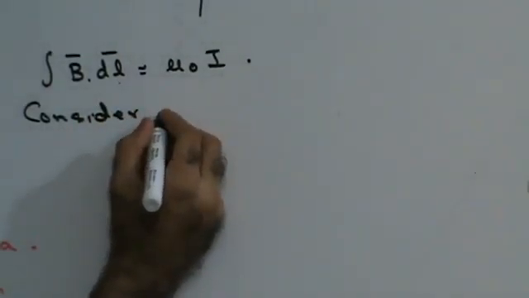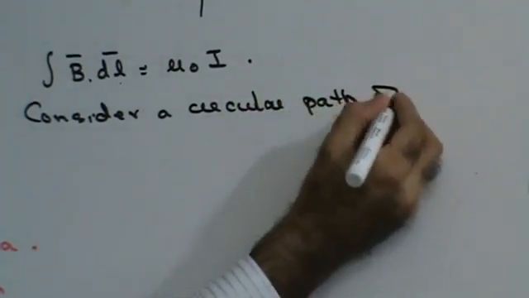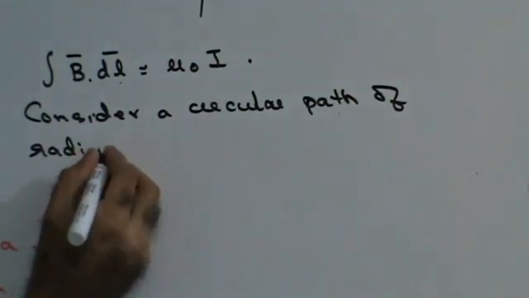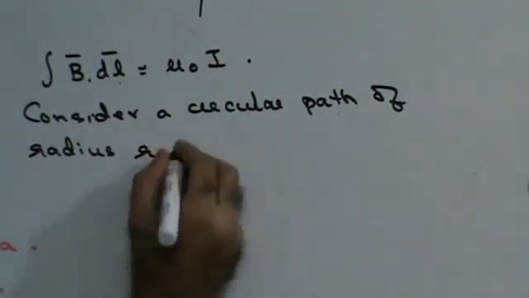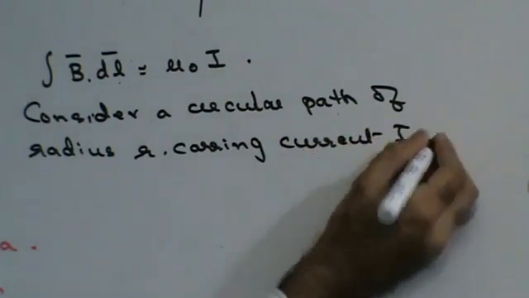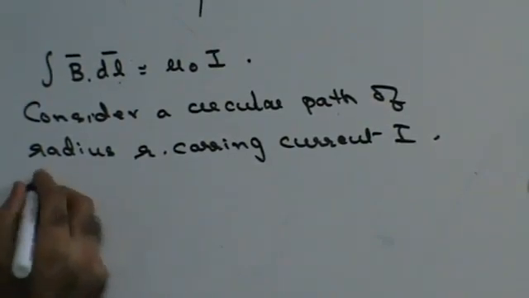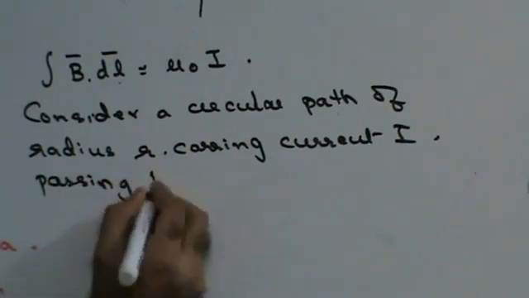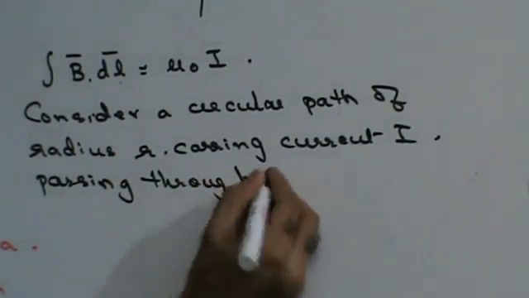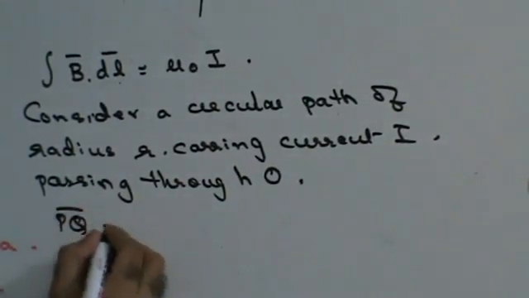Consider a circular path of radius r carrying current I, with the current passing through O. Let's consider that PQ is the dl vector.